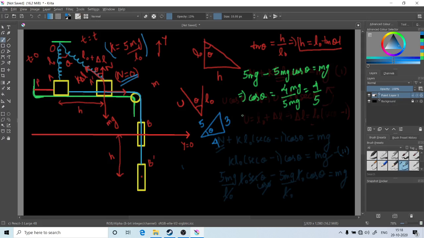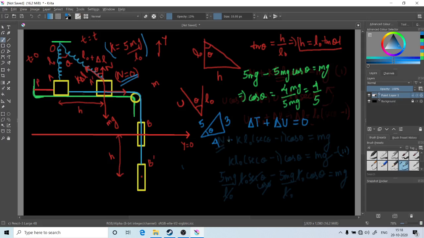Now using the mechanical energy conservation law, as there is no external force acting on the system, the change in kinetic energy plus the change in potential energy of the system is equal to 0. The velocities of bar A and bar B will be equal.